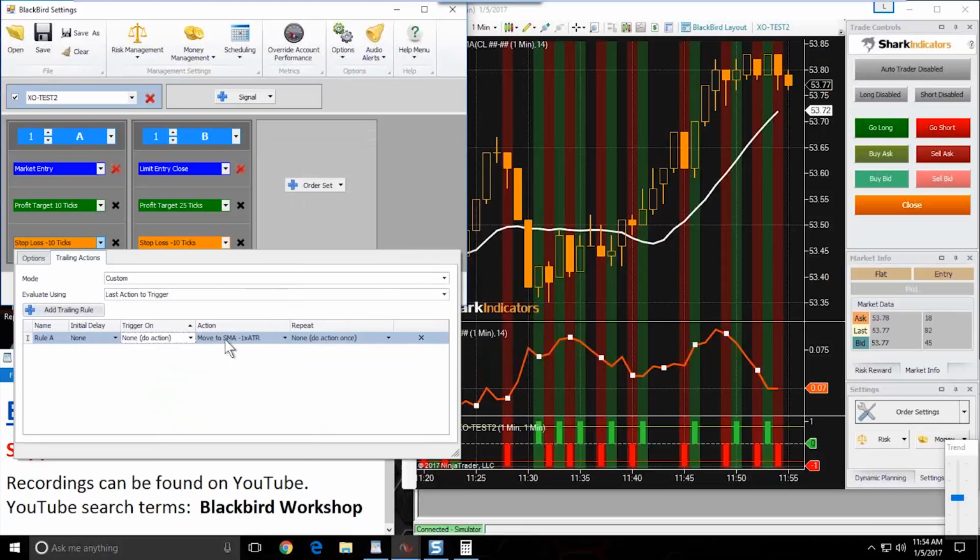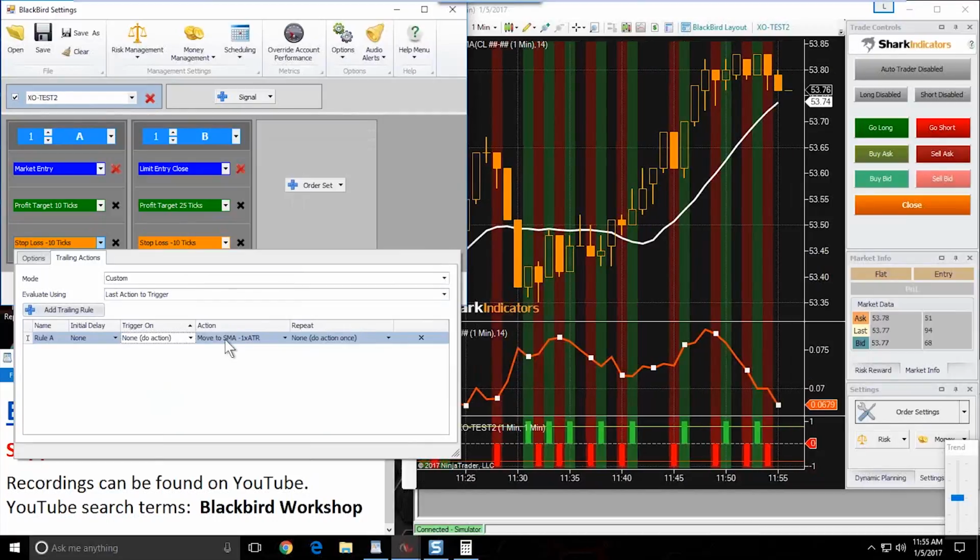And if you have an action firing off, you'll need the ability to control how many times this trailing rule triggers. How many times does it repeat, or get executed?